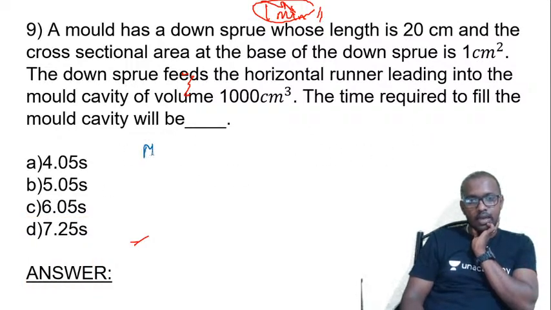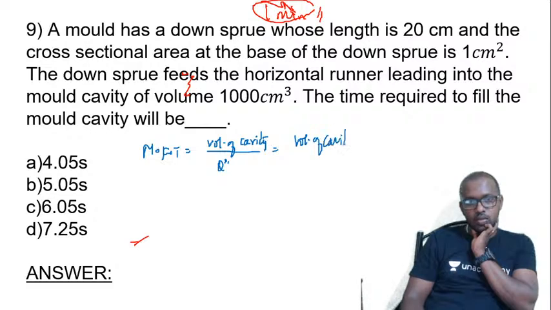So for mold filling time, the formula will be the volume of the cavity or the casting which needs to be filled, using the flow rate. So we know that the volume of the cavity should be divided by the choke area times the velocity.